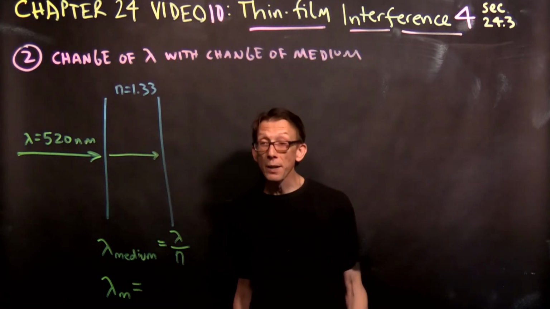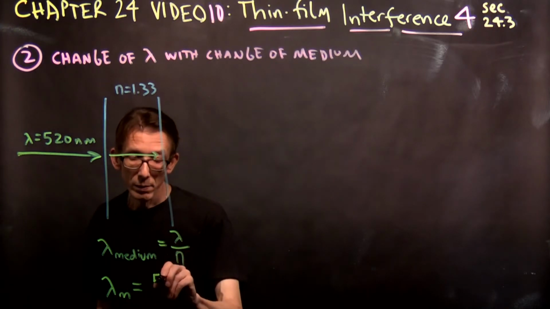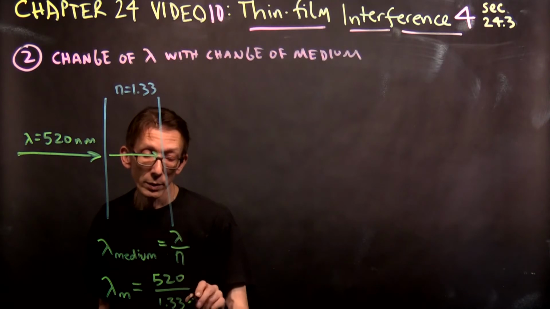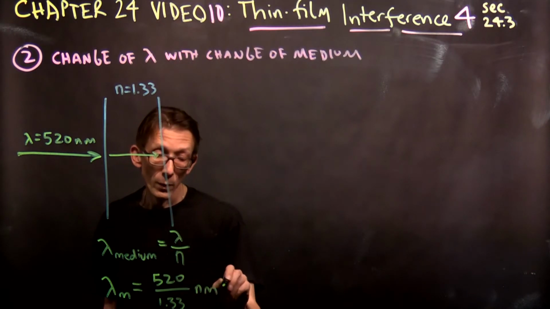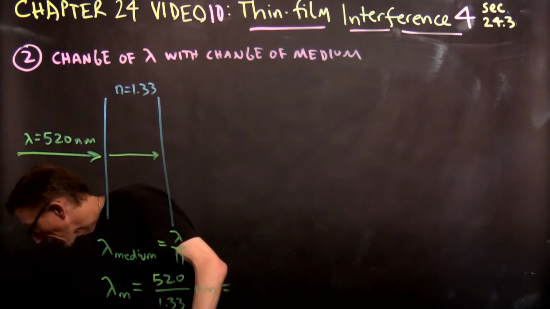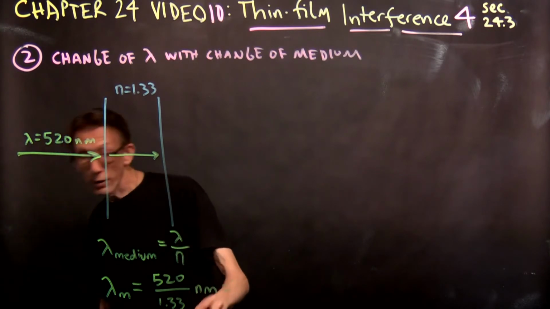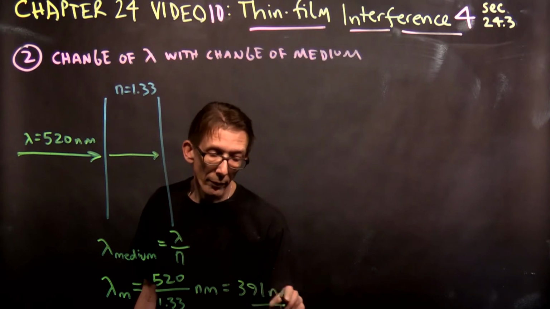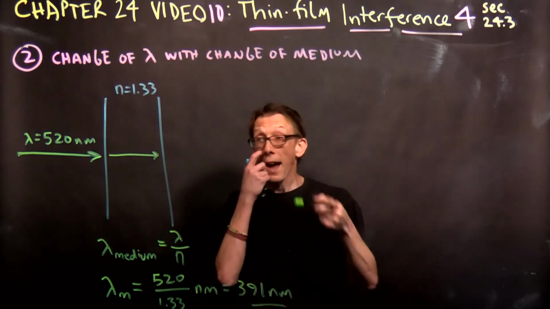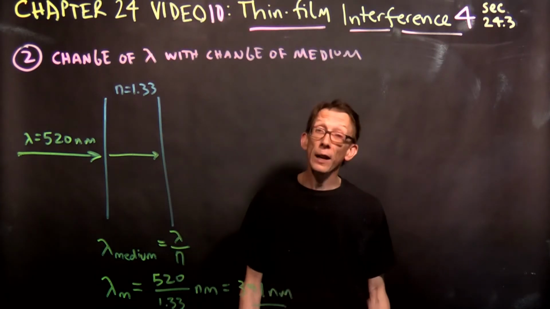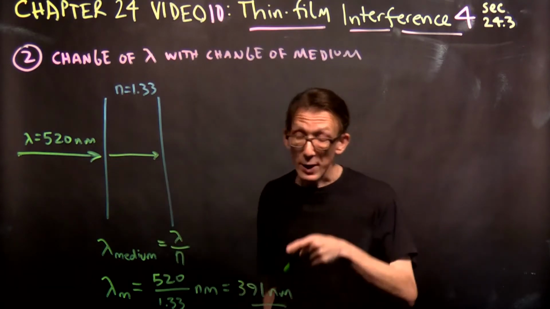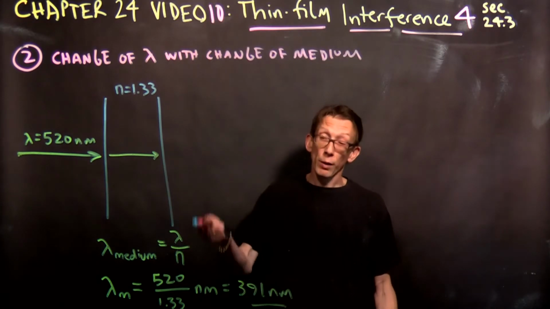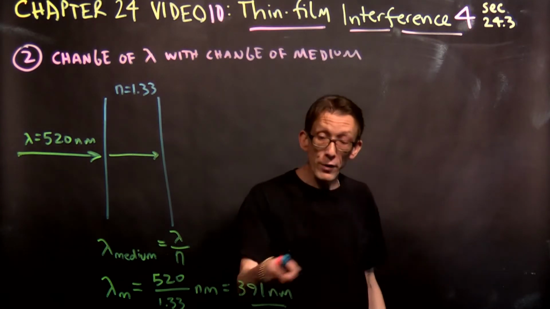Lambda inside the medium is 520 divided by 1.33 nanometers, which is 391. So inside the glass, the wavelength of that green laser is not 520, it's been reduced by a factor of 1 over n, and so we now have 391 nanometers.